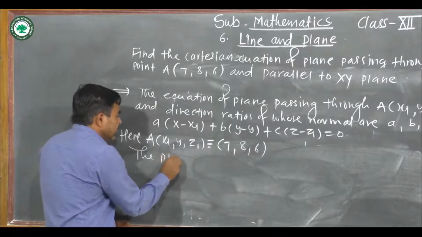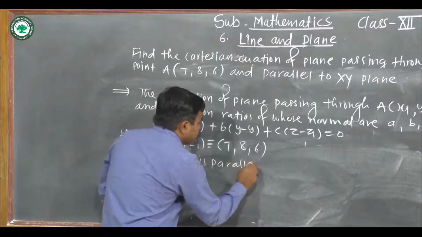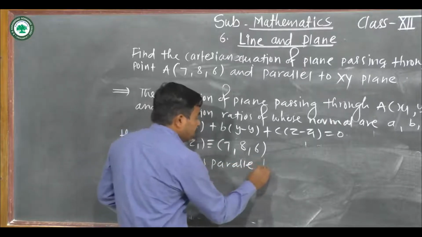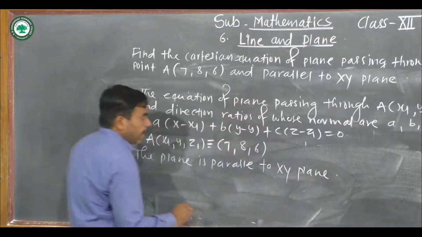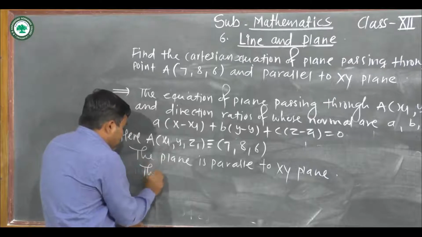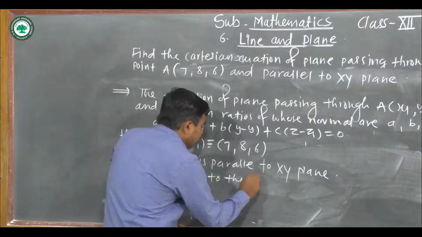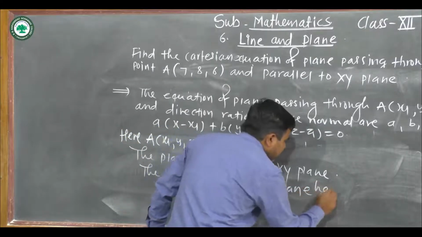The plane is parallel to the XY plane. The normal to the XY plane has direction ratios.